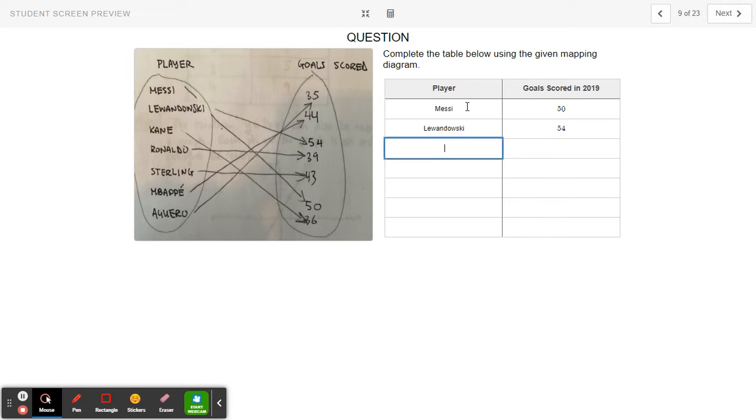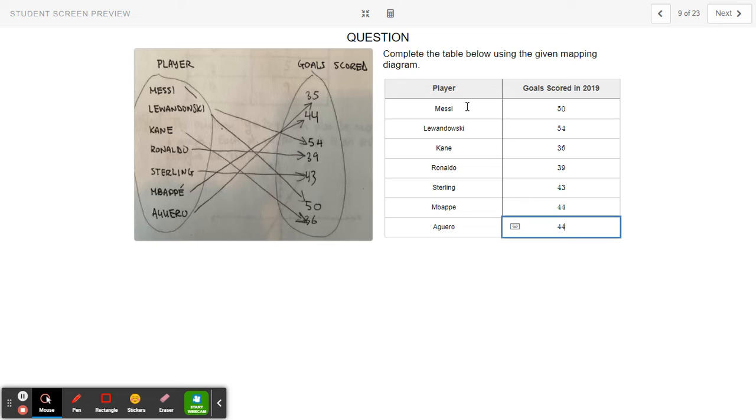Oh man, that is a better season. Harry Kane has 36. Then we have Ronaldo, who has 39. Sterling, that's 43. Mbappe has 44. And Aguero has 44, I think, right?